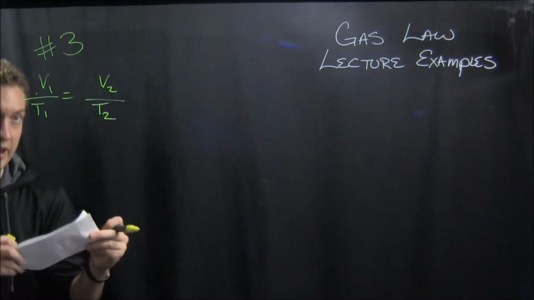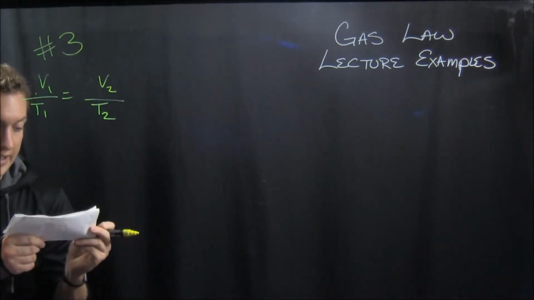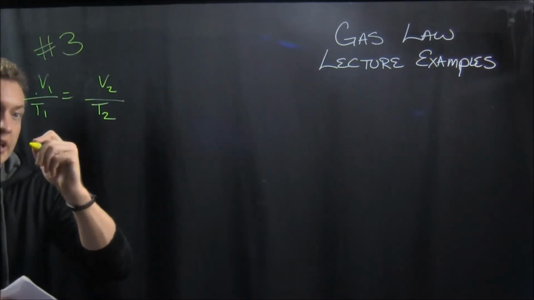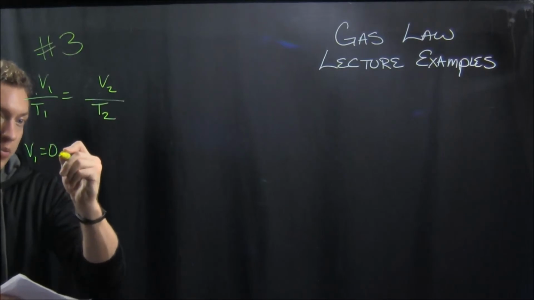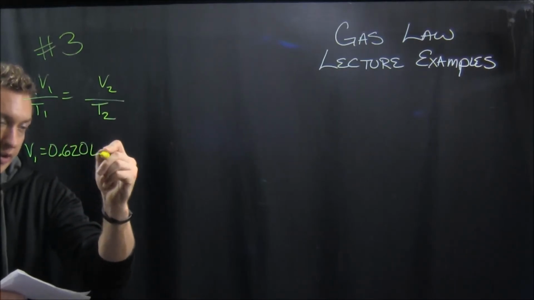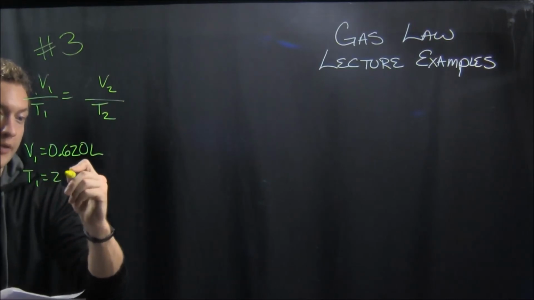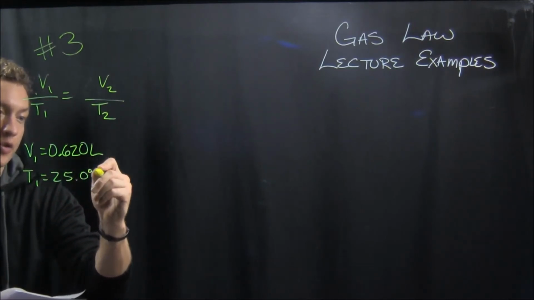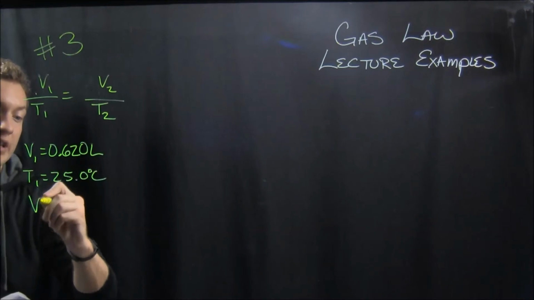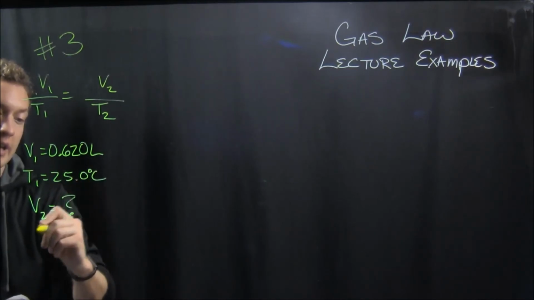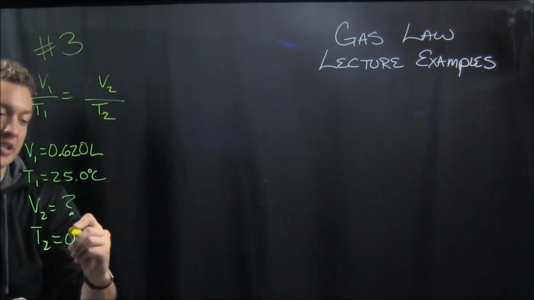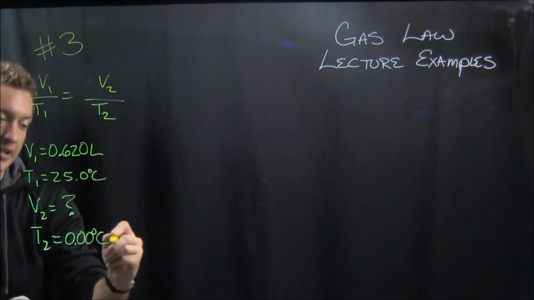All right, so the initial volume, V1, is 0.620 liters at a temperature of 25.0 degrees Celsius, V2 is unknown, and T2 is 0.00 degrees Celsius.